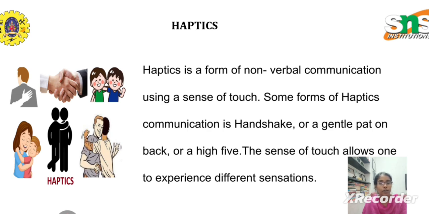If you have a grudge against a person and you give a pat on his back saying congratulations, well done, or I'm so happy about your achievement, any appreciation with a grudge, it can be felt by the sensation, the pat that we give.